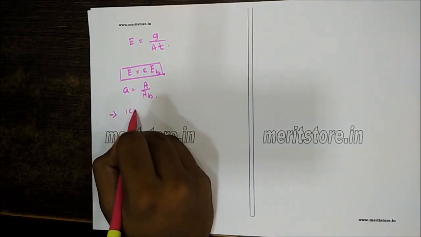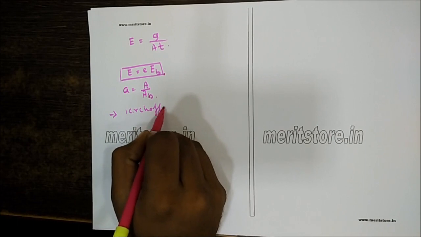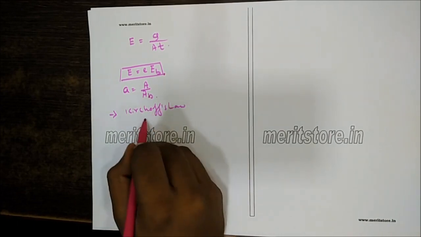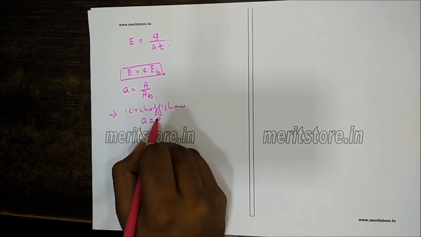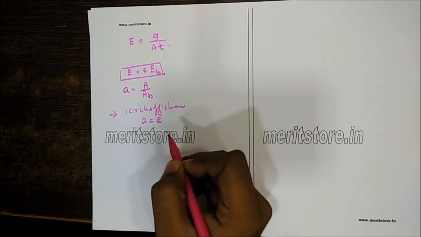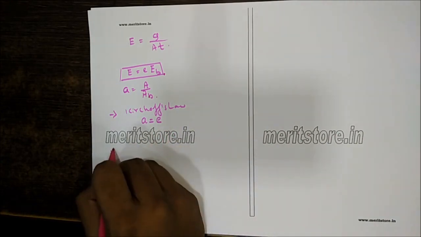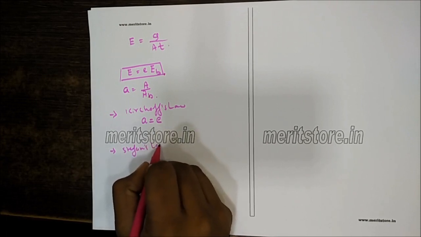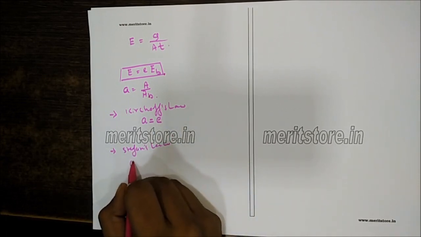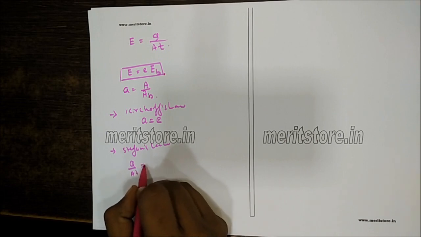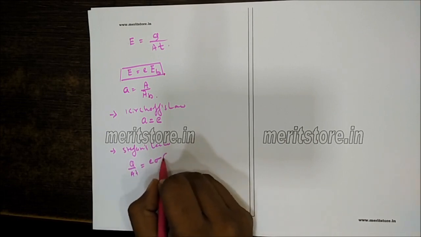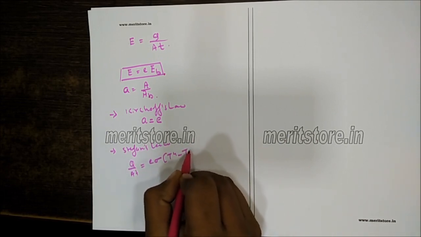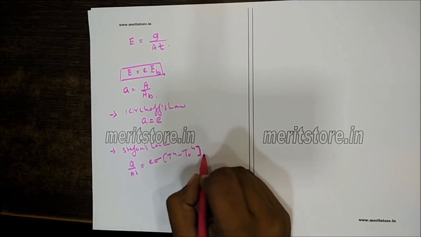Now we have Kirchhoff's law stating that the coefficient of absorption is equal to the coefficient of emission, while Stefan's law states that the emissive power is equal to e sigma (T raised to 4 minus T naught raised to 4) for any body.